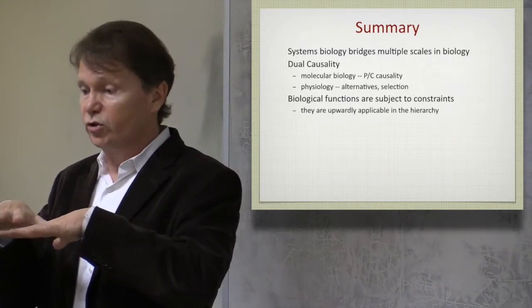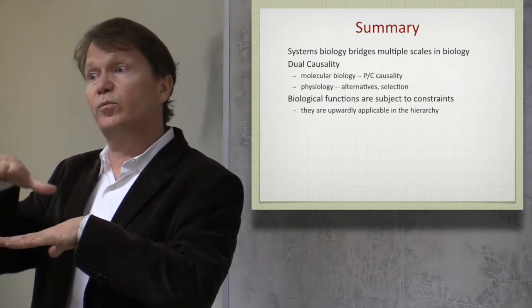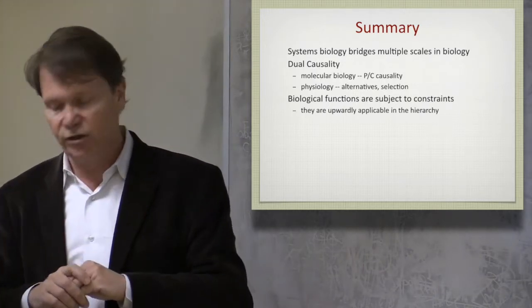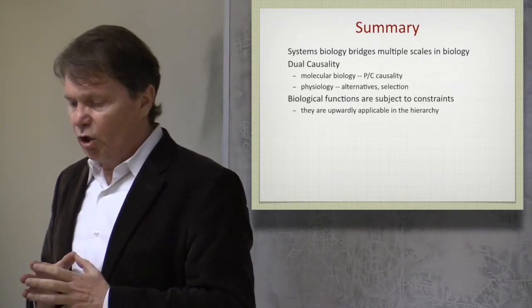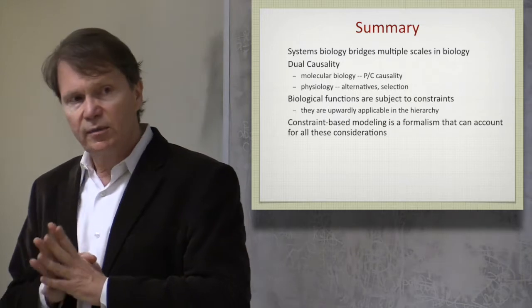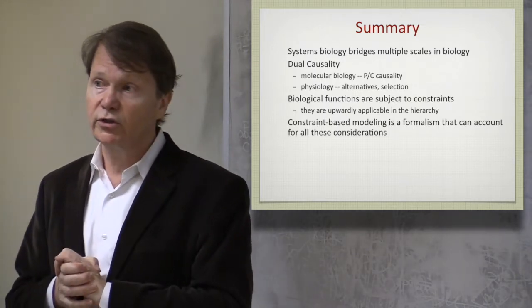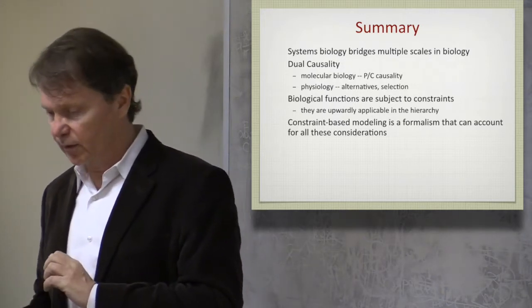But we also know that some of these constraints may have causation that doesn't permeate either. So there are non-causal events like we talked about, like a hitchhiker mutation. So the constraints-based modeling formalism can account for all these considerations, all these requirements that we are putting on building genome scale models.